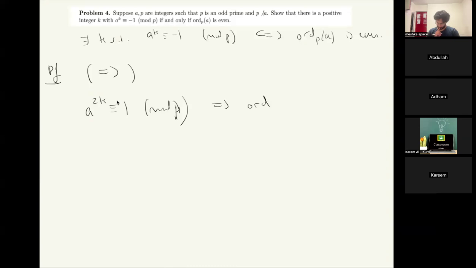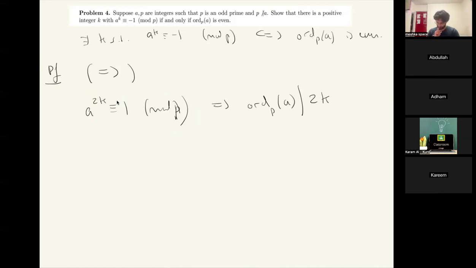So the order, which we should give a name, I called it k, that's unfortunate, but okay, the order divides 2k. As long as we multiply by an even number, the order divides that number.